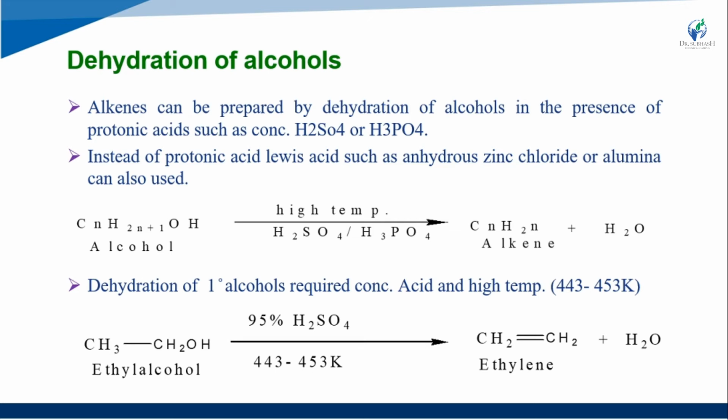Okay, so in this we take the alcohol at a higher temperature and in the presence of a protic acid like H2SO4 and H3PO4. We take the alcohol and we get one alkene, and one water molecule is removed. The dehydration of a primary alcohol requires concentrated acid and a high temperature, like 443 to 453 Kelvin.